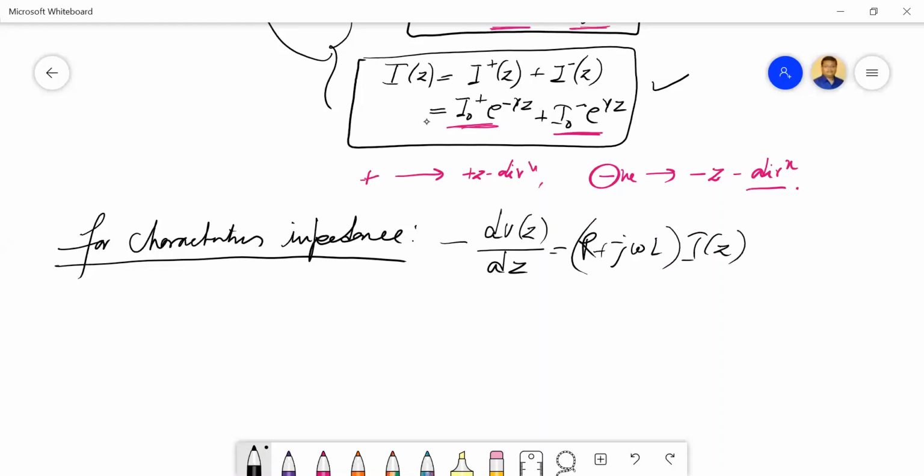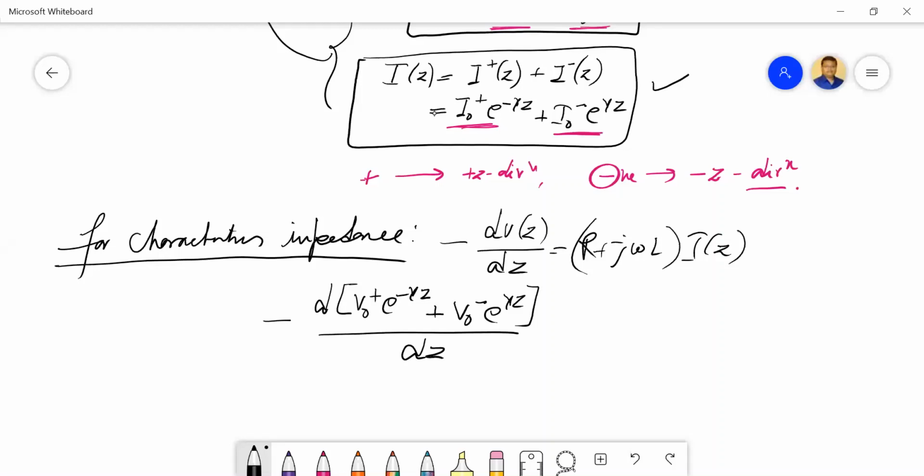If you recall the solutions, Vz was V plus V minus, so if you put it here, d of V naught plus e to the power minus gamma z plus V naught minus e to the power gamma z, divided by dz, is equal to R plus j omega L multiplied with Iz.